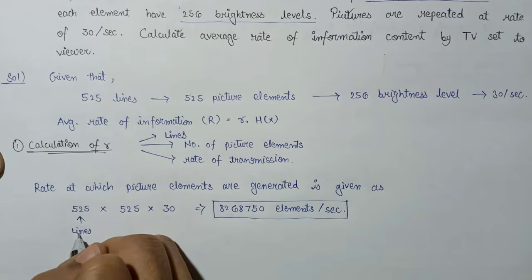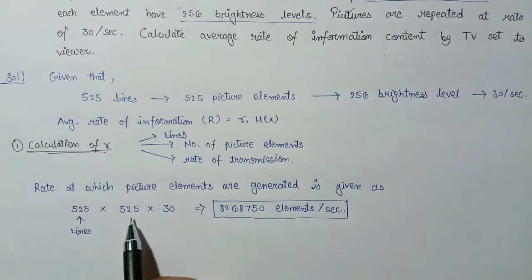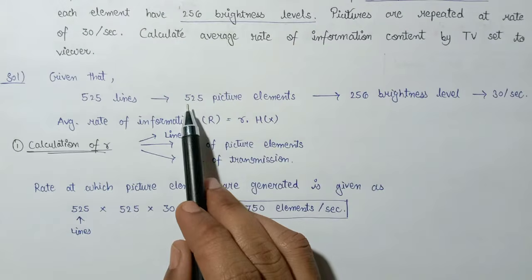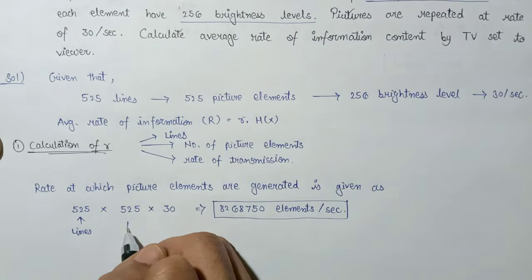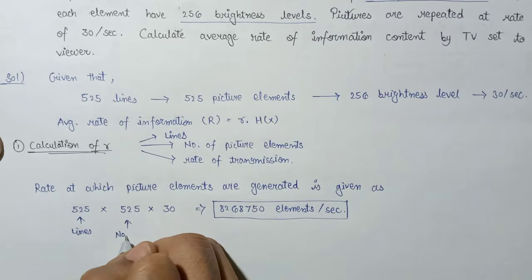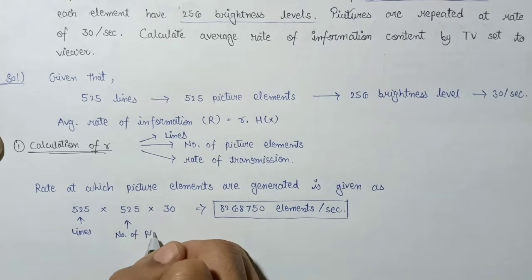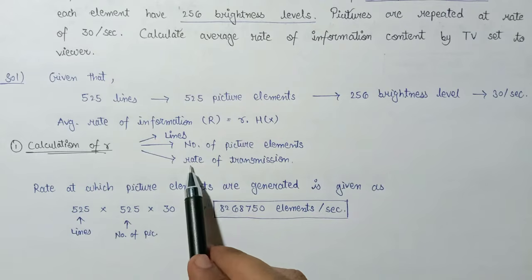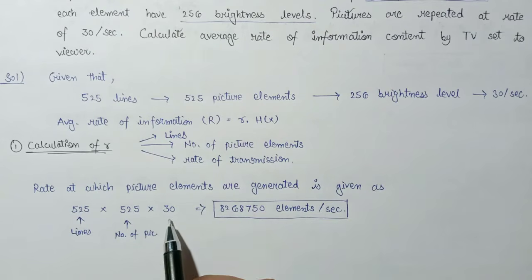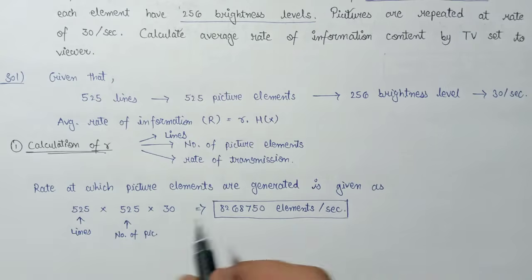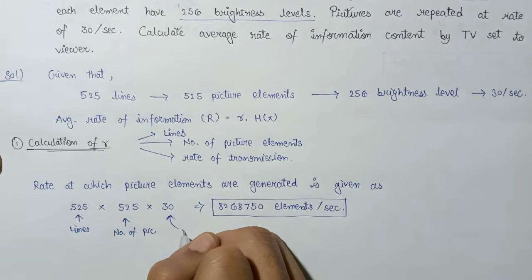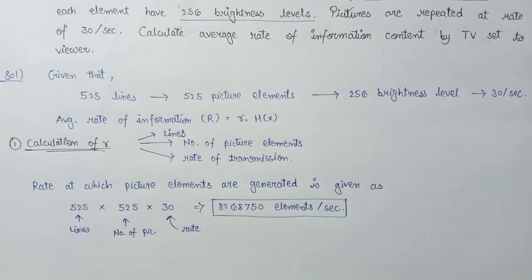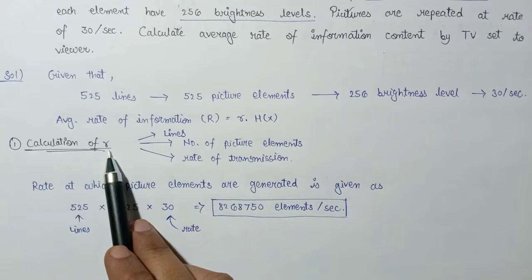After that we write the number of picture elements, that is 525. And finally the rate of transmission, which is given to us as 30 per second. If we solve this, we get 8268750 elements per second. This is the value of small r.